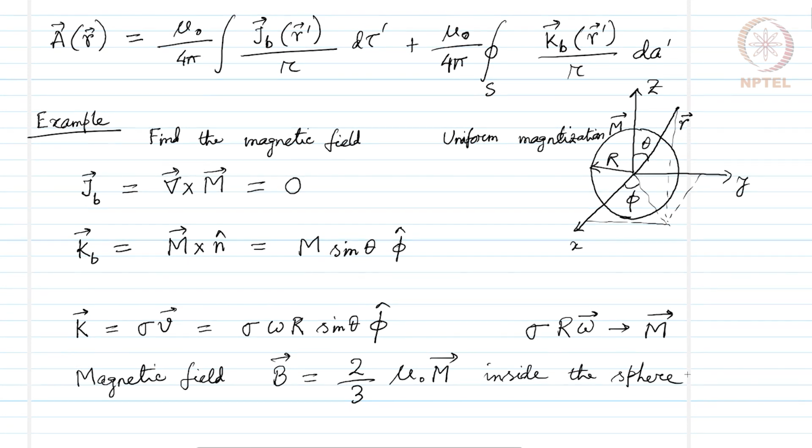We have a magnetization somewhere away, so outside we can write the dipole moment for this kind of a current, this kind of a magnetization would be 4 over 3 pi R cubed times the magnetization vector, and the corresponding magnetic field would be due to this dipole moment, whatever we have.